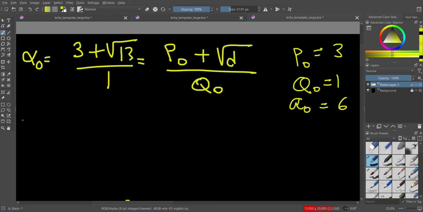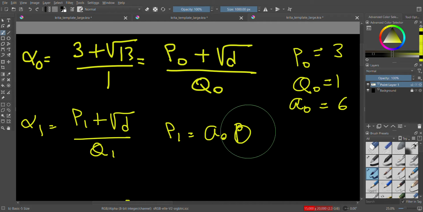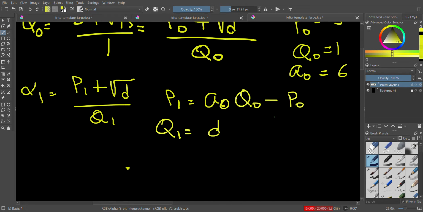So now what we do is we calculate alpha 1 as p1 plus square root of d over q1. And p1 now, in this new formulation, is a0 q0 minus p0, and q1 is equal to d minus p1 squared over q0.